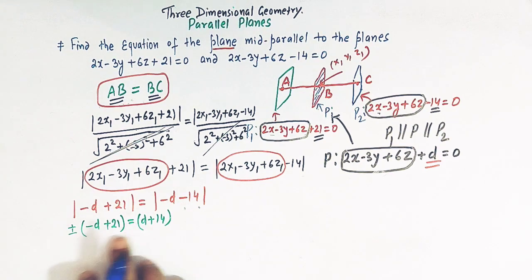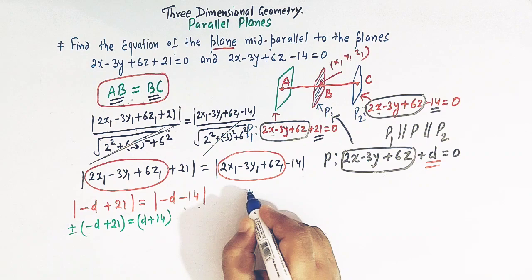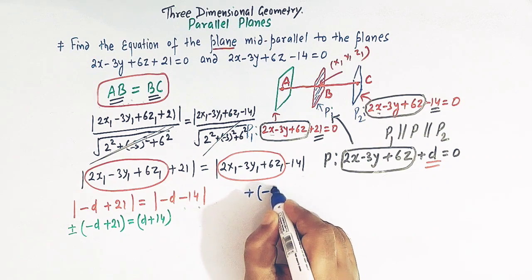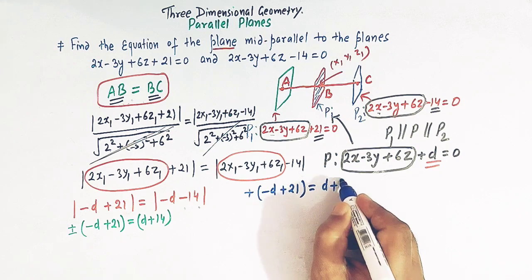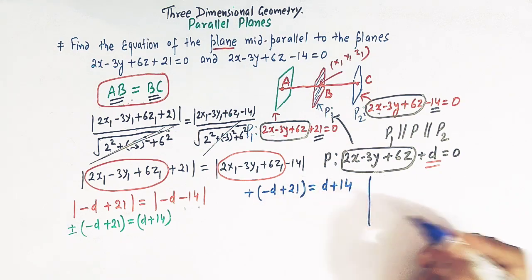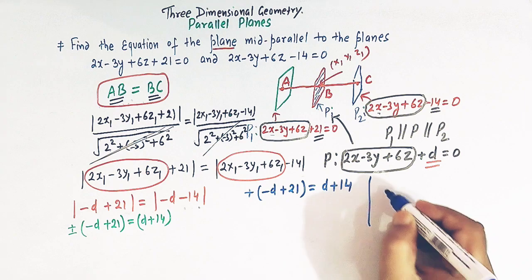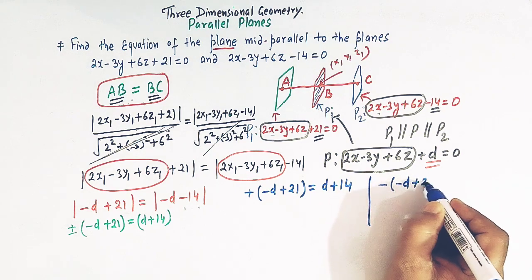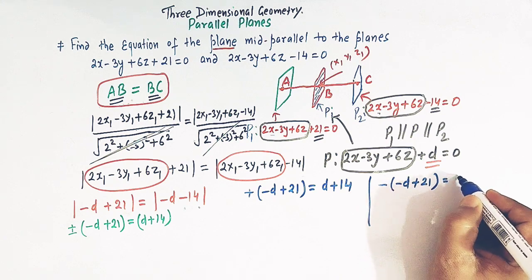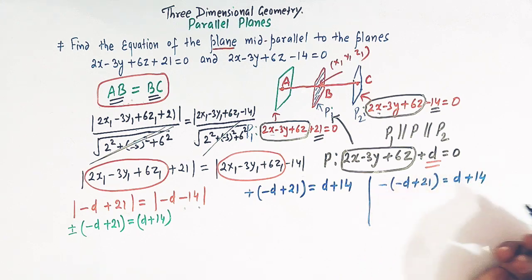So now we can form two equations, one corresponding to the positive sign and the other corresponding to the negative sign. So the first equation is -d + 21 = d + 14, and the equation corresponding to the negative sign is -(-d + 21) = d + 14, right?